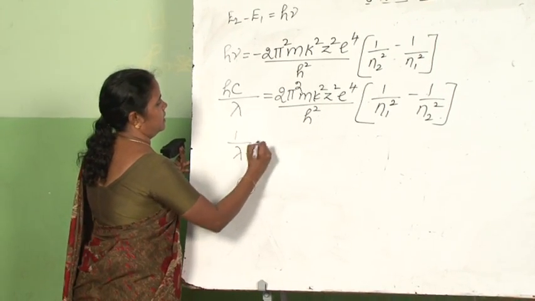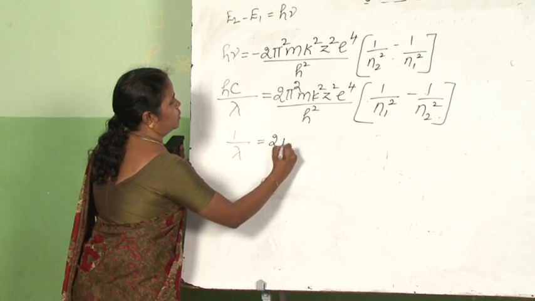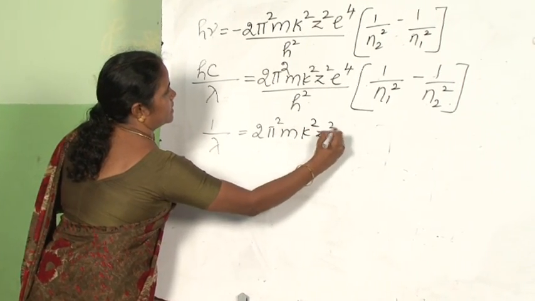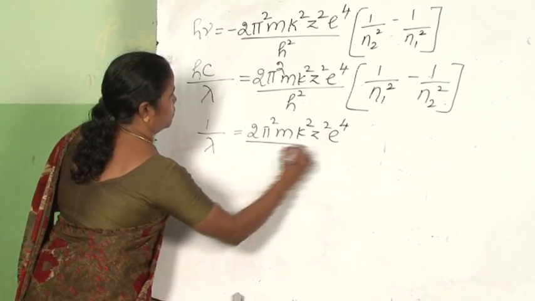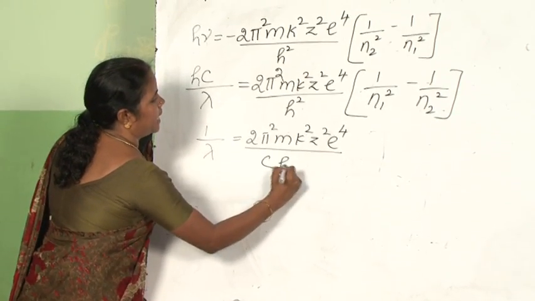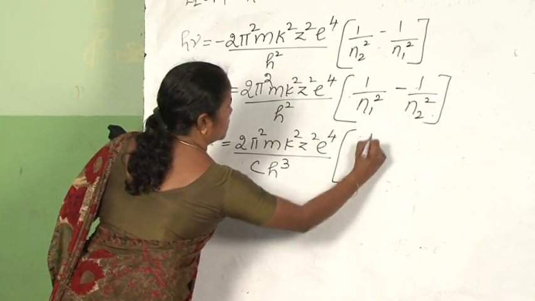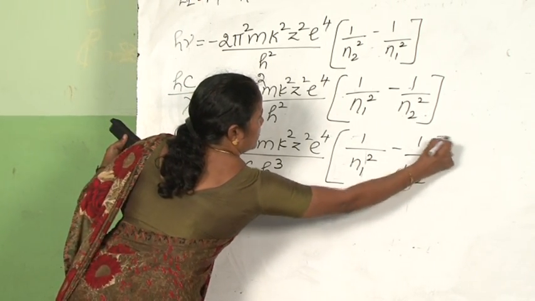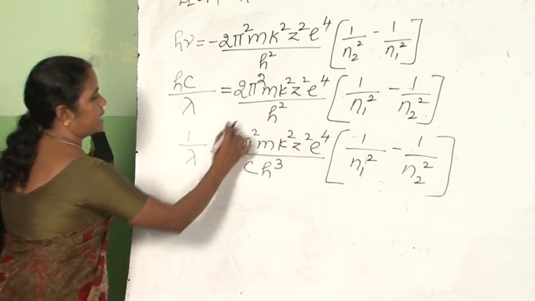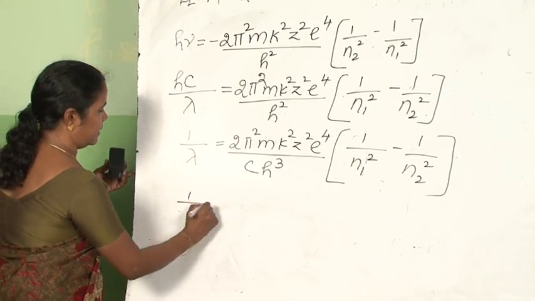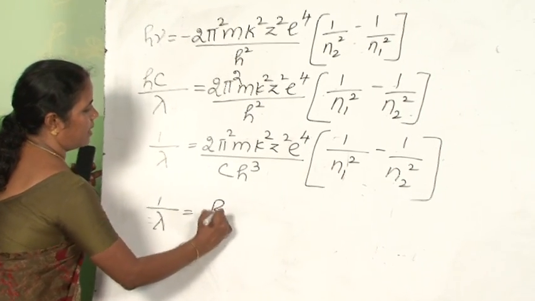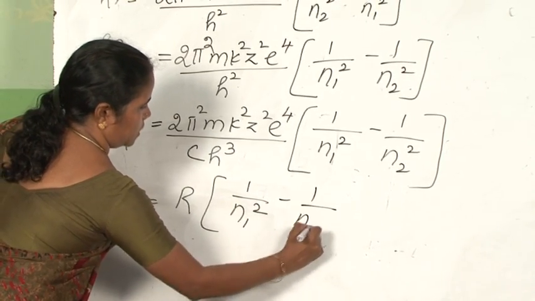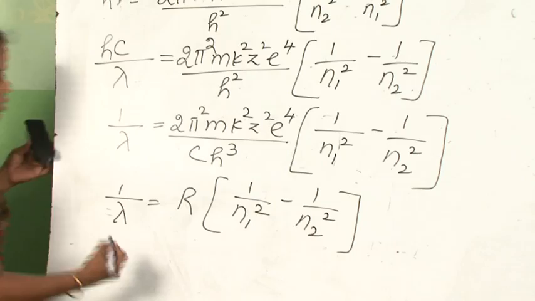So hc by lambda is equal to this much. 1 by lambda is equal to 2 pi square m k square z square e raised to 4 by c h cube into 1 by n1 square minus 1 by n2 square, and this gives a constant, the Rydberg constant R, into 1 by n1 square minus 1 by n2 square.